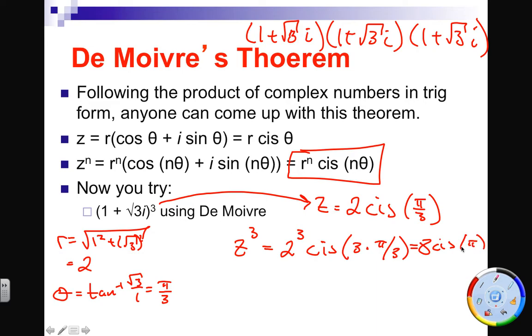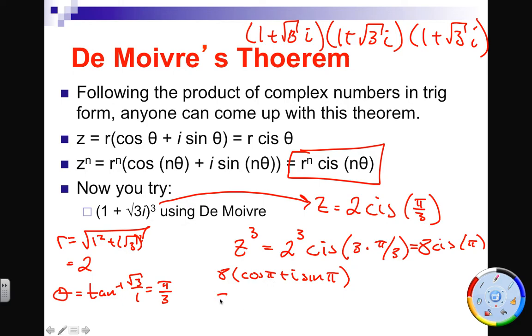Now, what we might want to do is actually put it back, and I'm going to ask you to do this, put it back into standard form, a plus bi. This is standard form. So what we need to do is think of this as 8 times the cosine of pi plus i sine of pi. Going back to standard form is actually very, very straightforward.